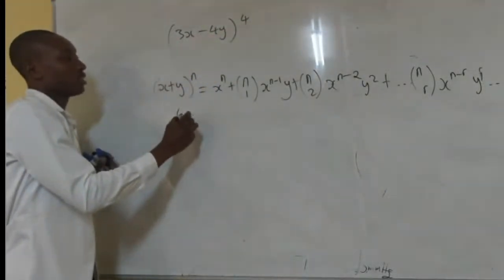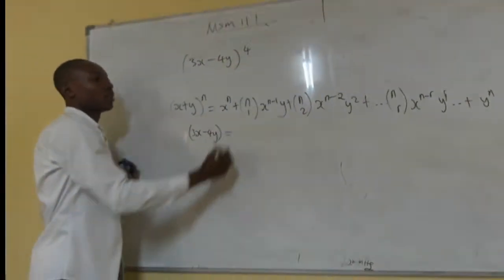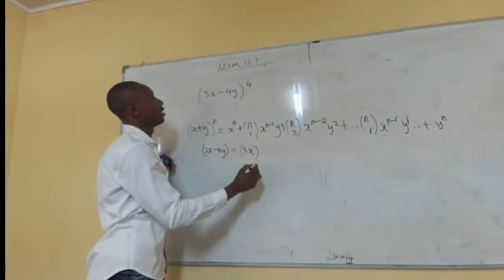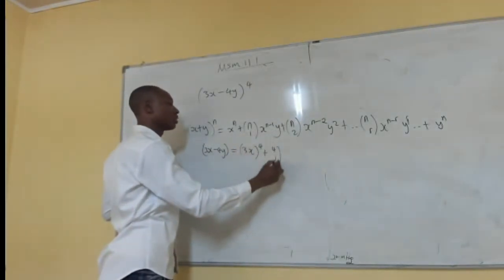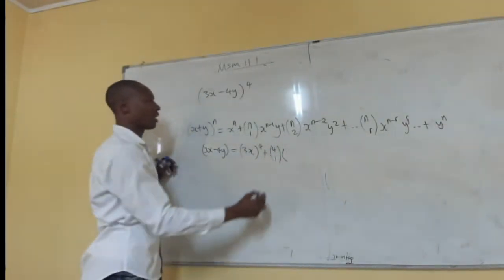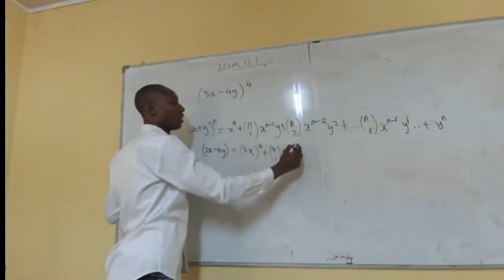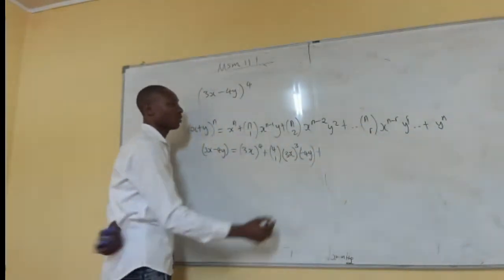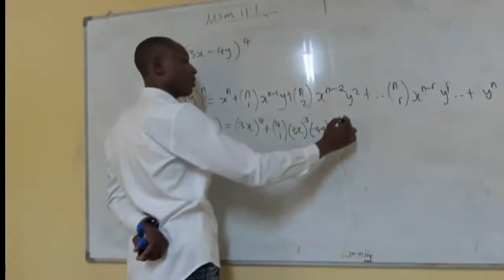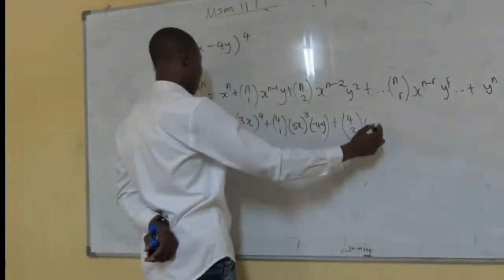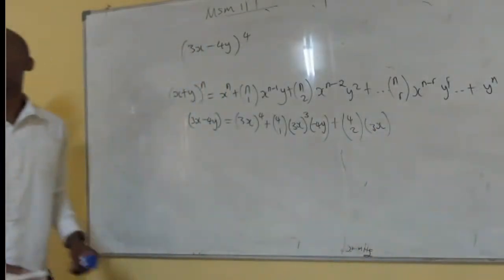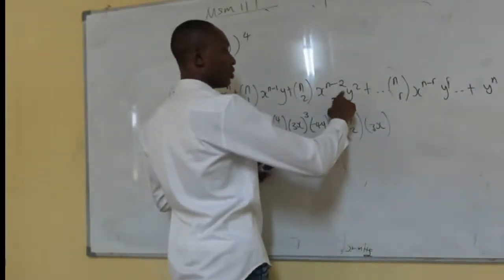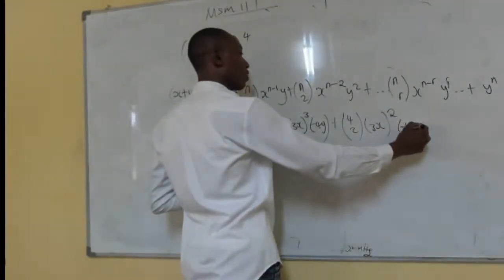So if we're expanding this, this is going to be 3x to the power 4 plus 4 choose 1, then we have 3x to the power 4 minus 1, which is 3, then negative 4y, plus, next up, we have 4 choose 2, then 3x to the power n minus 2, so 4 minus 2 is 2. Then negative 4y to the power 2.